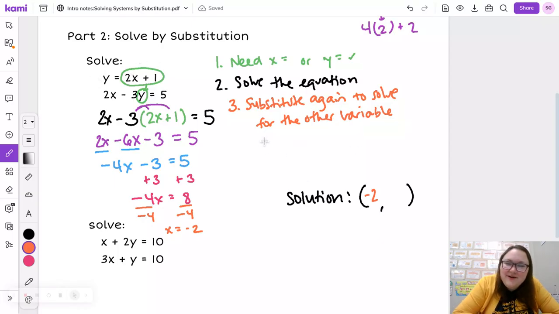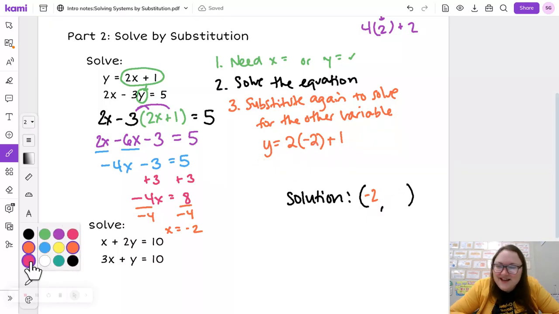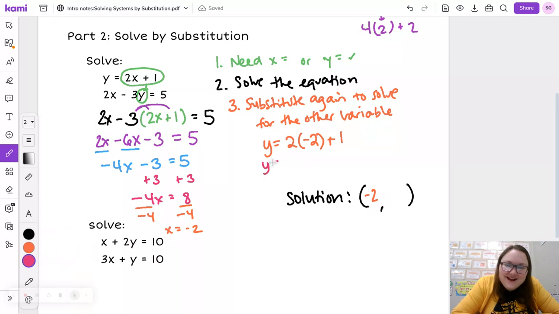So I'm going to say y equals 2, but instead of x, I'm going to write -2. And then the rest of my equation plus 1. And then this is my last step. I'm going to solve this equation, and it'll give me my y. To finish solving this, y equals 2 times -2 is -4, and -4 plus 1 gives me -3. And so that y coordinate is -3.